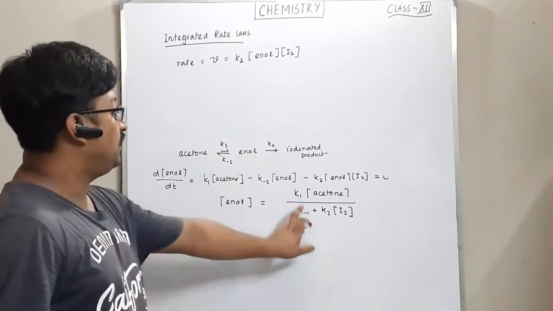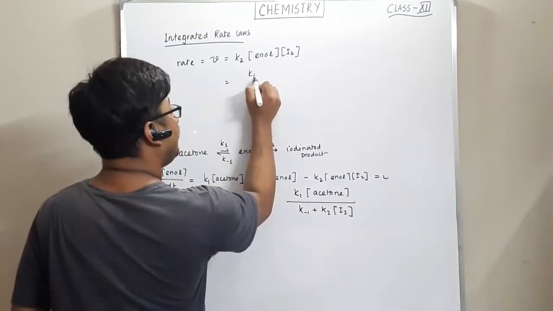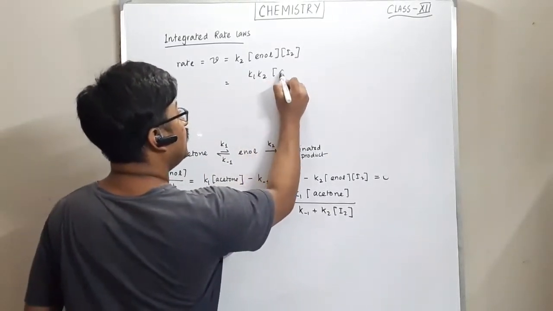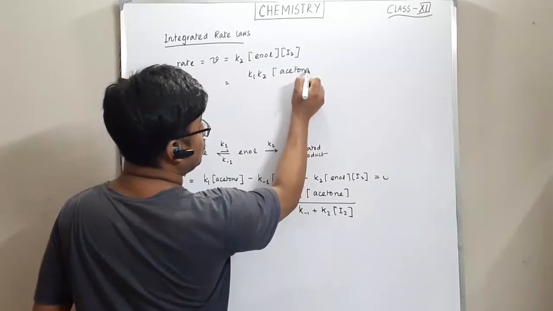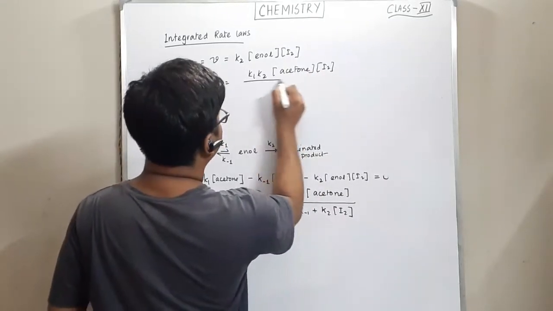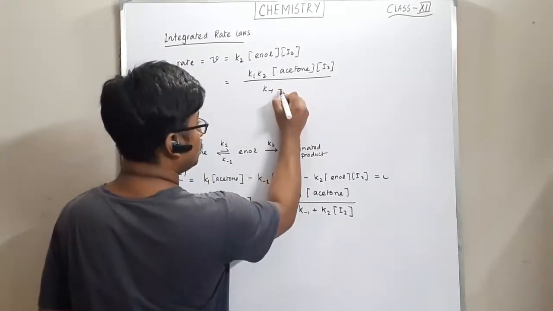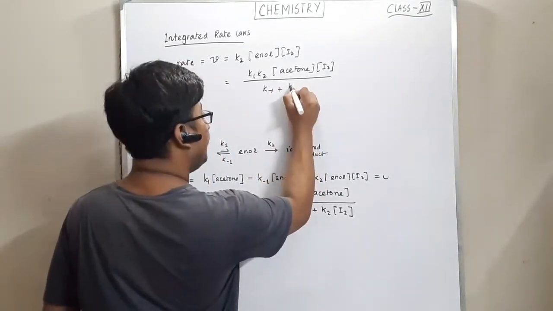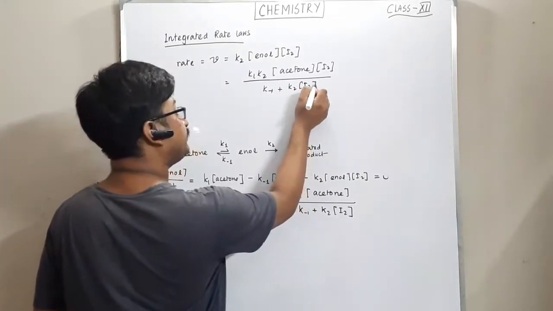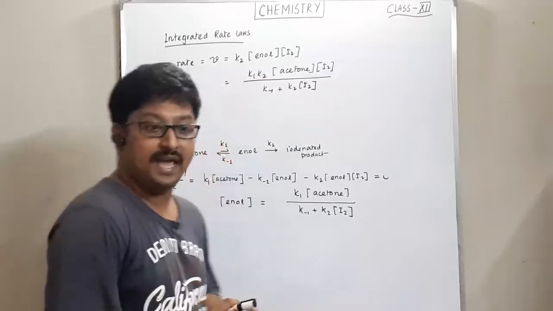Okay, let's put the enol concentration here. So we will get K1 into K2 into the concentration of the acetone multiplied by the concentration of I2, divided by K minus 1 plus K2 into I2. Okay, so this is the composite rate of the reaction.